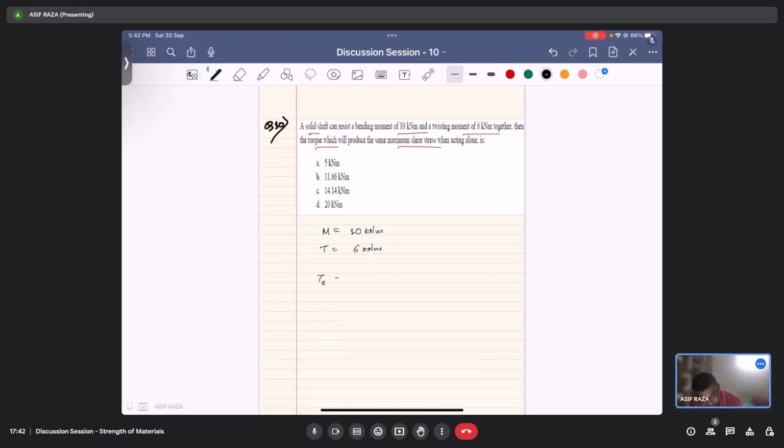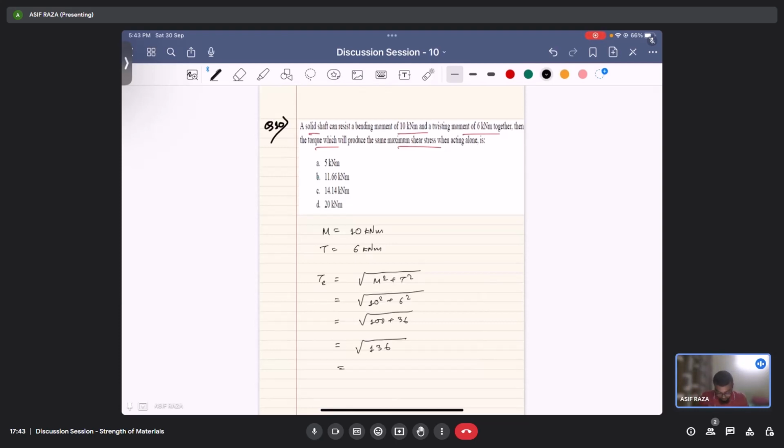That is equal to square root of M square plus T square, and that is 10 square plus 6 square, 100 plus 36, 136, and so for sure it would be greater than 10.